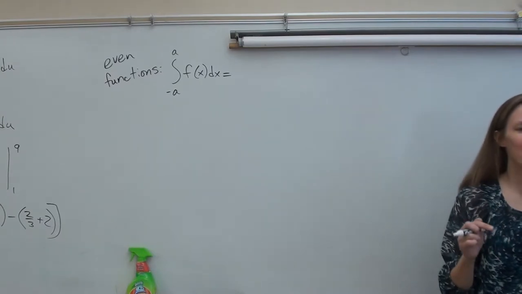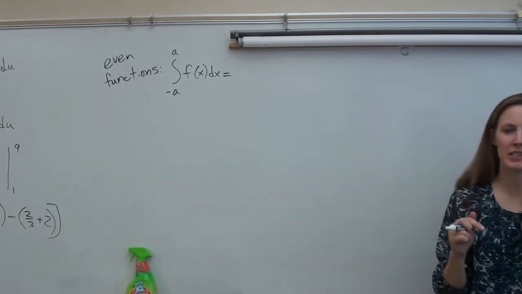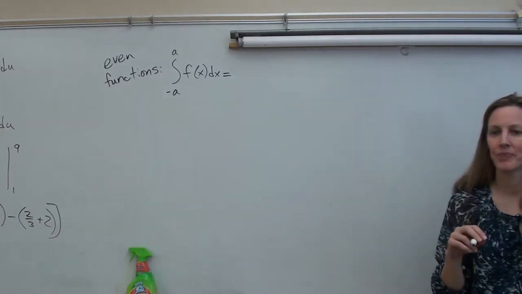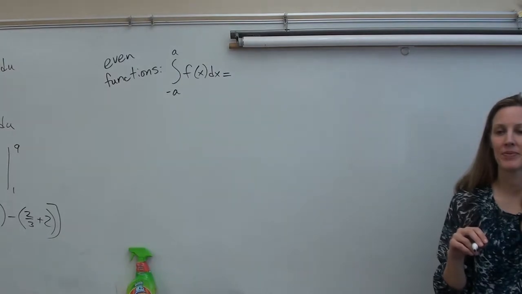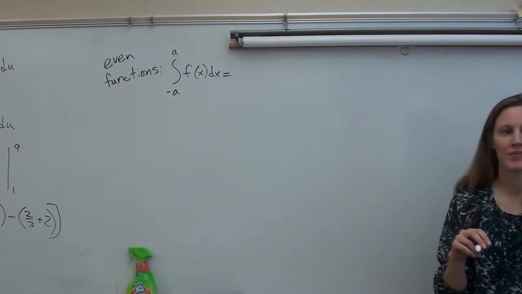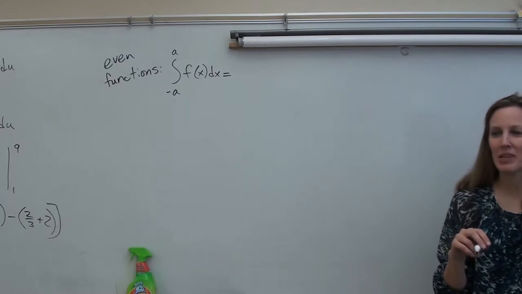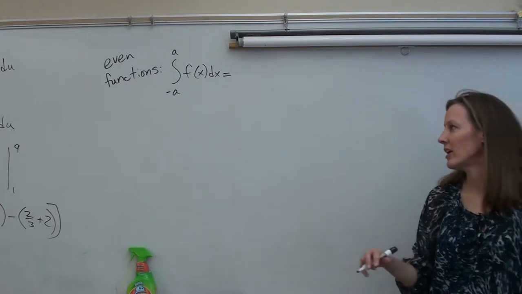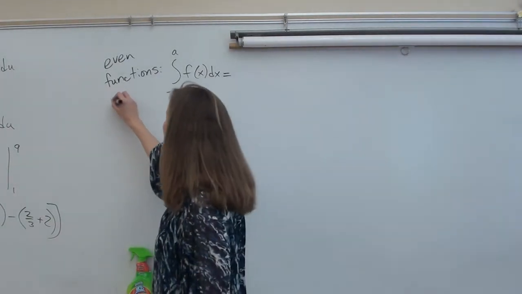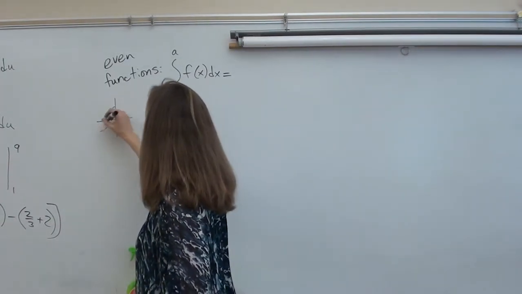So, an even function has what type of symmetry? Y-axis. Yeah. Which type of symmetry does an even function have? Do you all agree? Yes. Y-axis. All right. An even function has y-axis symmetry, right?